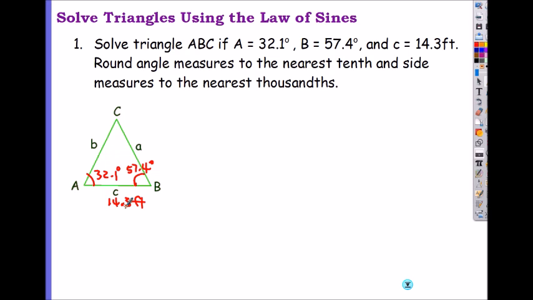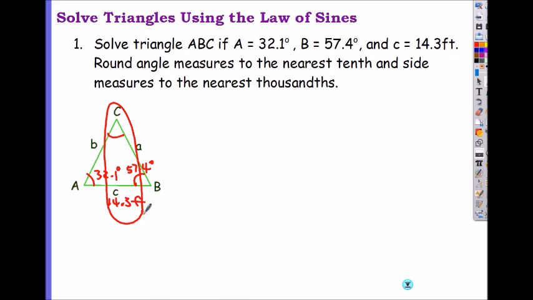When can we use the law of sines? When you have a matching side and angle. But do you have any matching side and angle here? No, but if two angles are given, can you find the third angle? Yes. Once you find C, you have this matching side and angle. Do you guys see it?